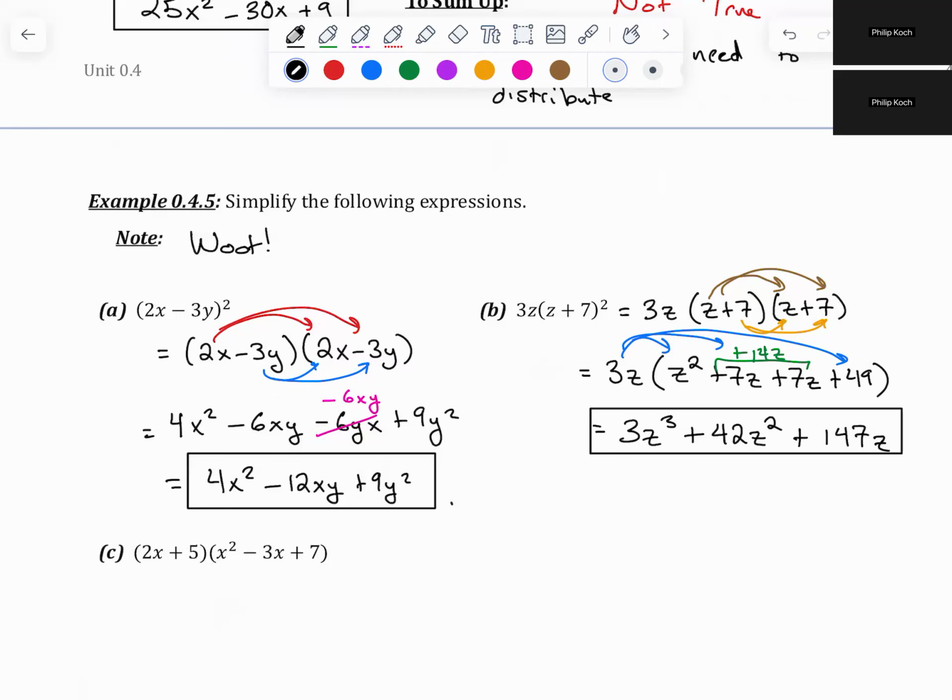With the second one, I wanted to rewrite this because of a common thing that some students might want to do. When they see 3z times z plus 7 squared, they might want to try and distribute in the 3z. But we actually talked about this in a previous example: because the 3z is not raised to the second power, we can't distribute it in. You can only do that if they're all being raised to the same power.